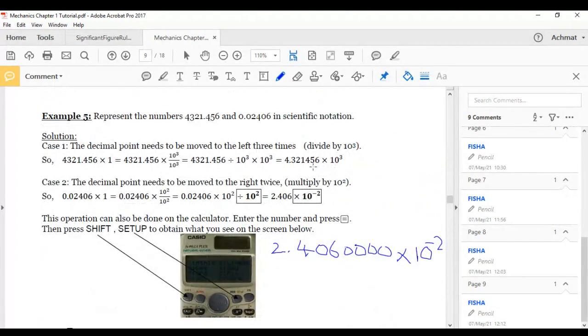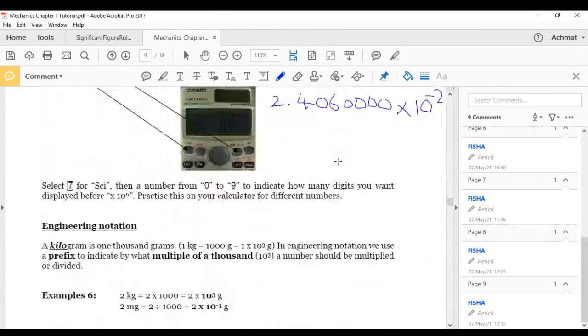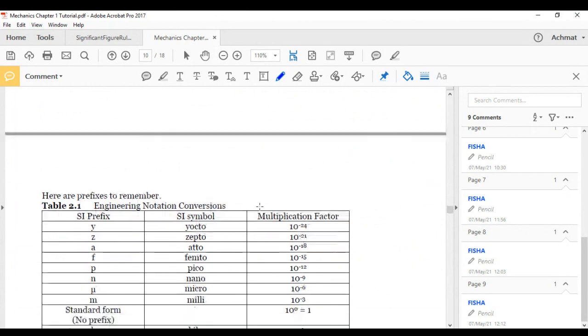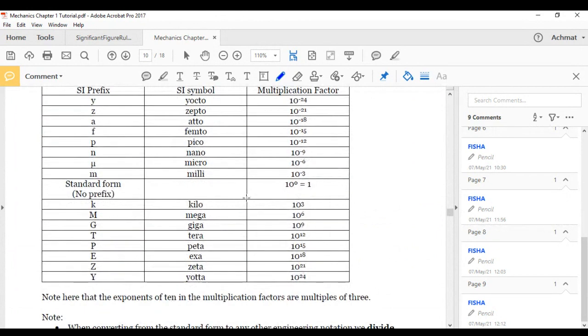In the other example that we did, this one is an engineering notation because that exponent over there is a multiple of 3. So as it is here, it is in scientific notation, but it is also an engineering notation because of that. The exponent of 10 must be a multiple of 3.